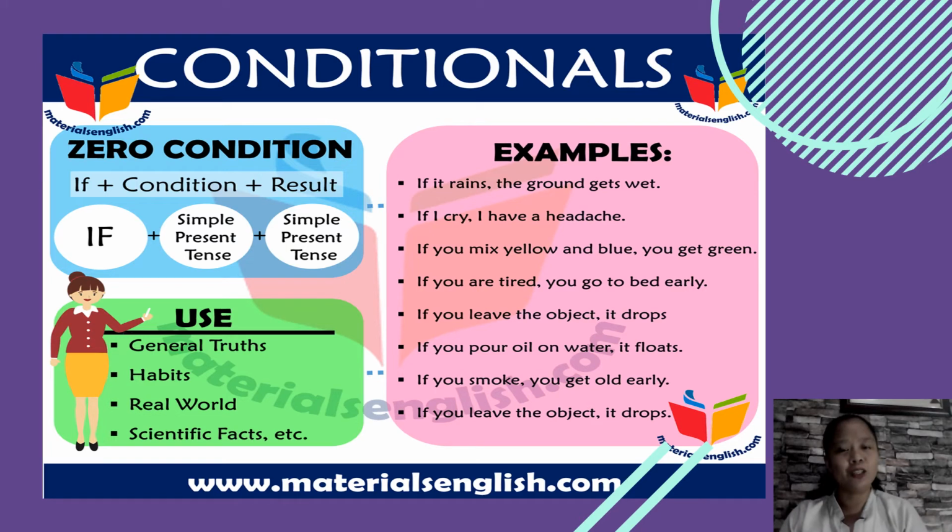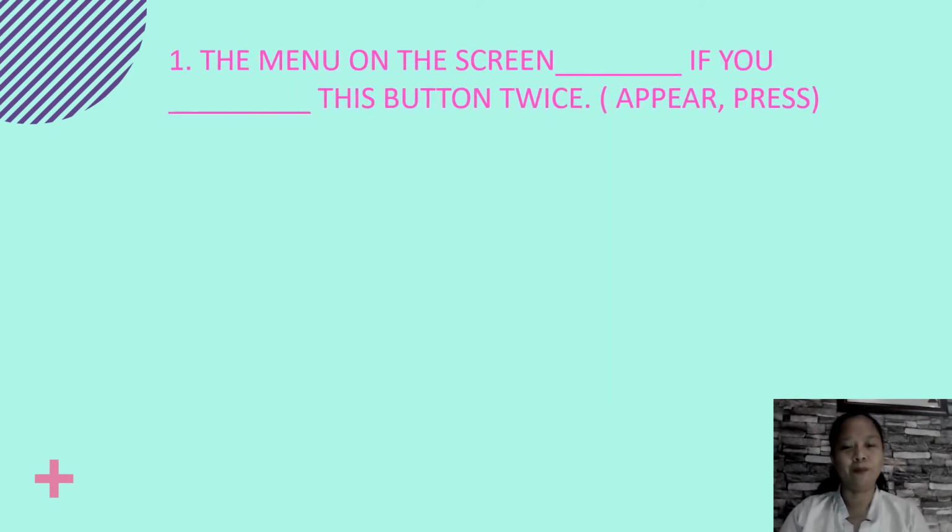Now let's try to see if you can write your own zero conditional sentences. Let's try answering the following items by giving the correct form of the verb to complete the sentences. Let's start. Number 1. The menu on the screen blank if you blank this button twice.